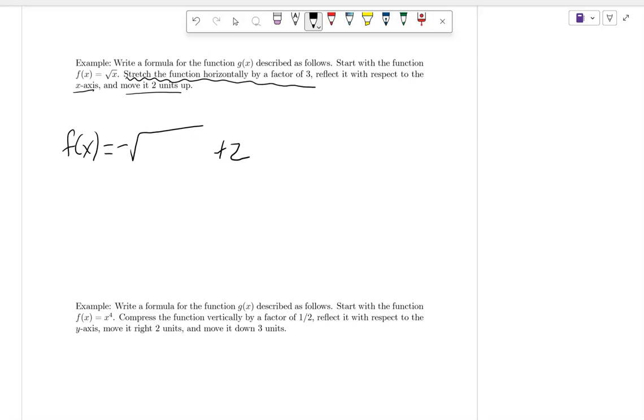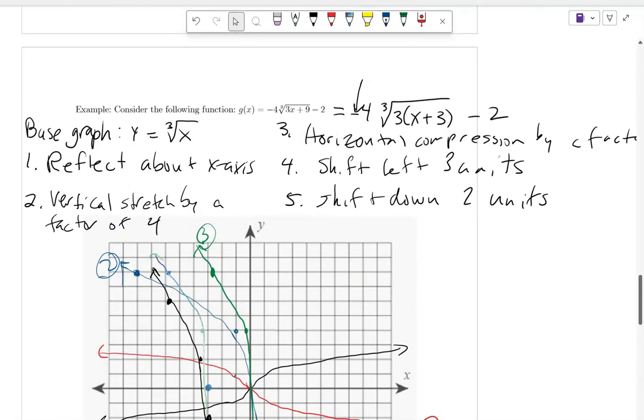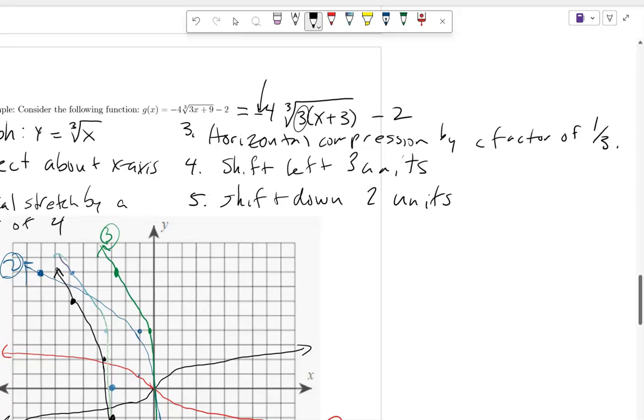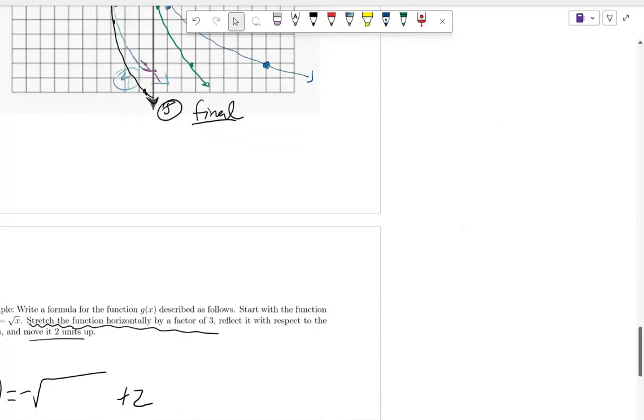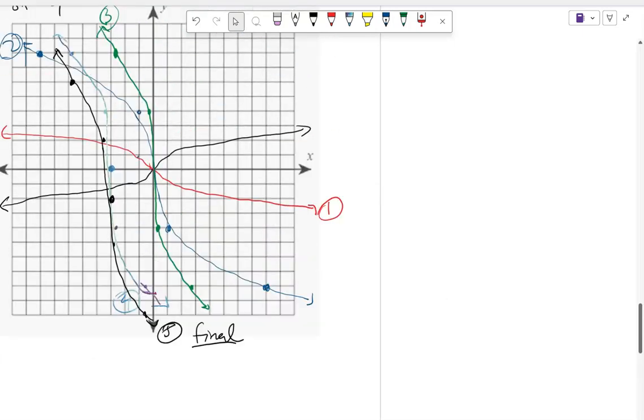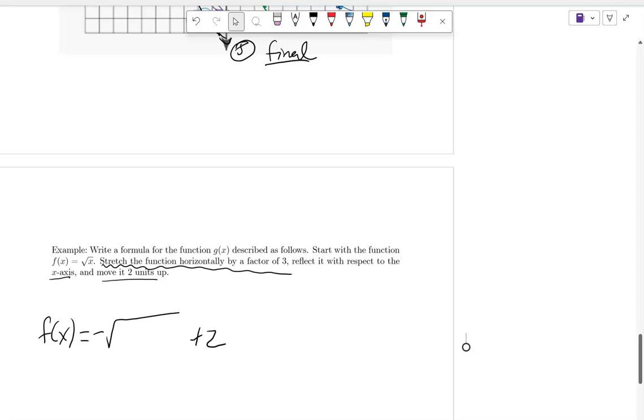stretch horizontally. Now let's go back to the previous example real quick. Notice that we said this 3 did a horizontal compression, right? And we said it was by a factor of 1/3. It was flipped, correct? So if I want to do a horizontal stretch, what do we think we want to multiply by on the inside?